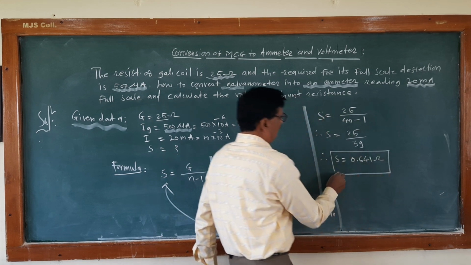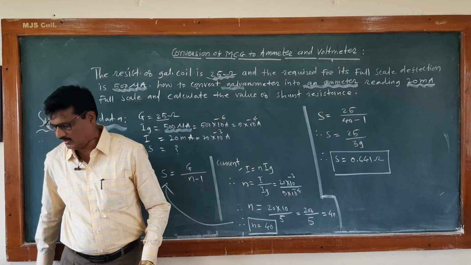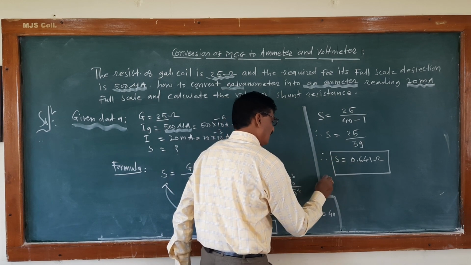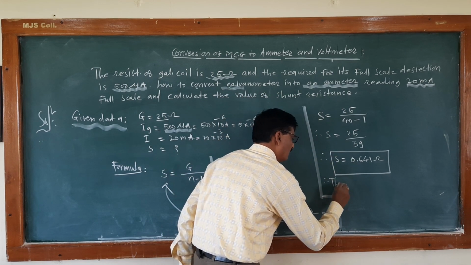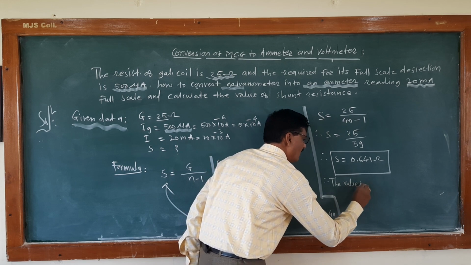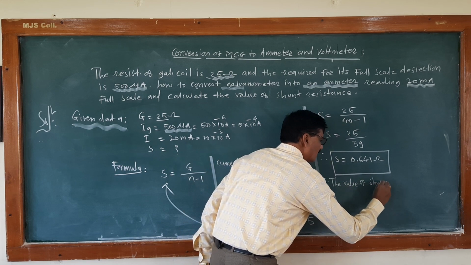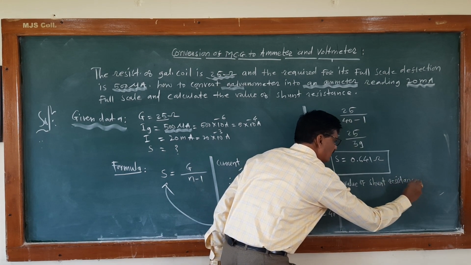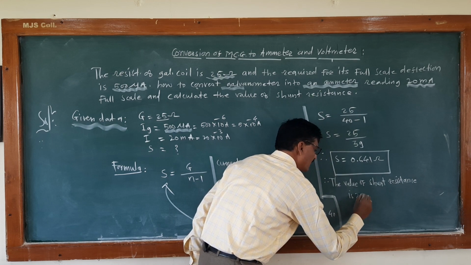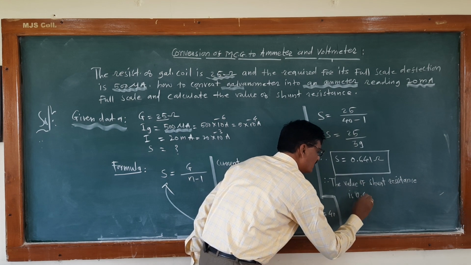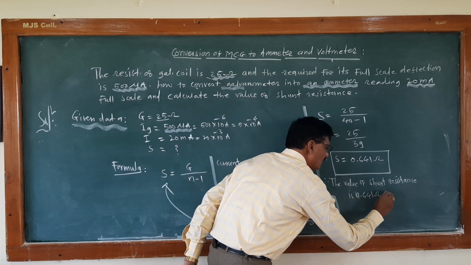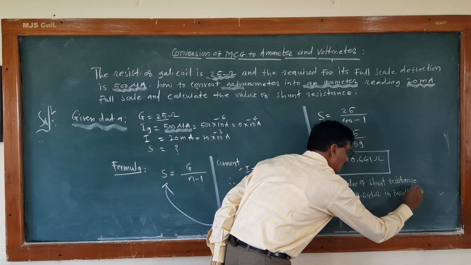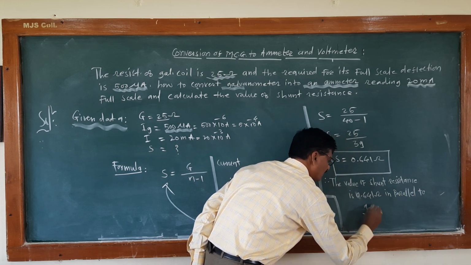This means the value of the shunt is 0.641 ohm, and it should always be connected in parallel to the galvanometer. Therefore, the value of shunt resistance is 0.641 ohm in parallel to the galvanometer.